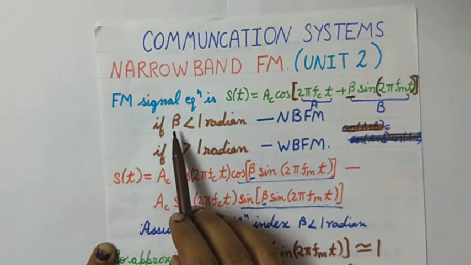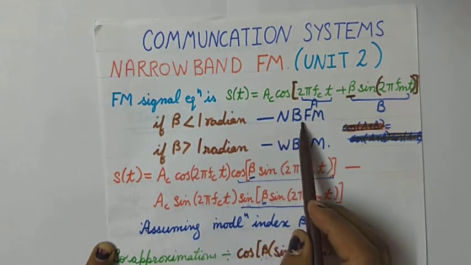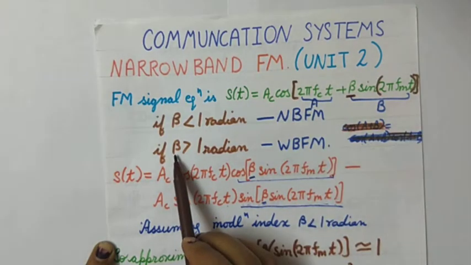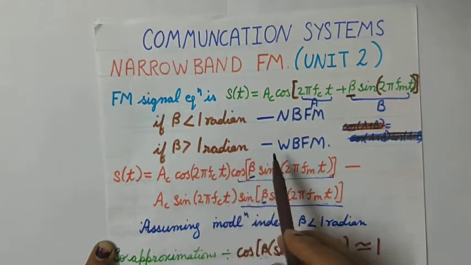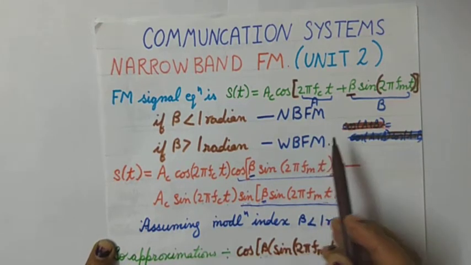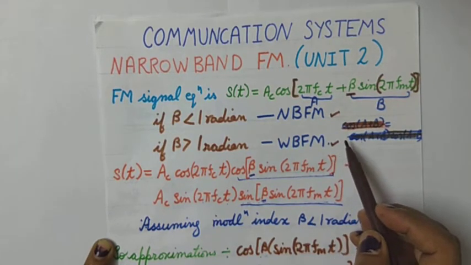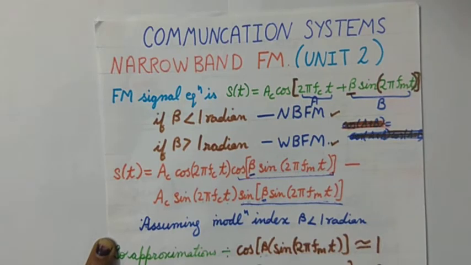If beta is less than 1 radian, we get the narrowband FM signal, and if beta is greater than 1 radian, then we get the wideband FM signal. So we are going to move this concept further and see NBFM and then WBFM. Today we are going to see NBFM.